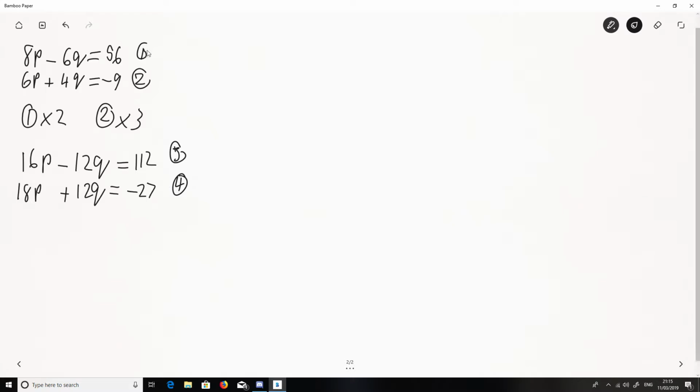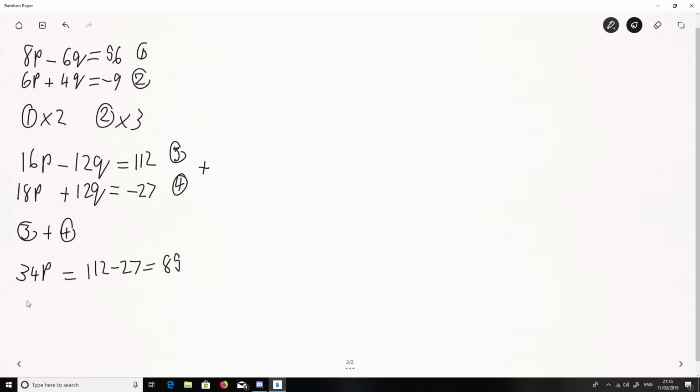In order to cancel these out, this time we want to add the equations because we have a minus 12q here and a plus 12q here. If we add equations 3 and 4 together, what we get is 34p plus minus 12q plus 12q, which is 0, equals 112 minus 27, and that is equal to 85.